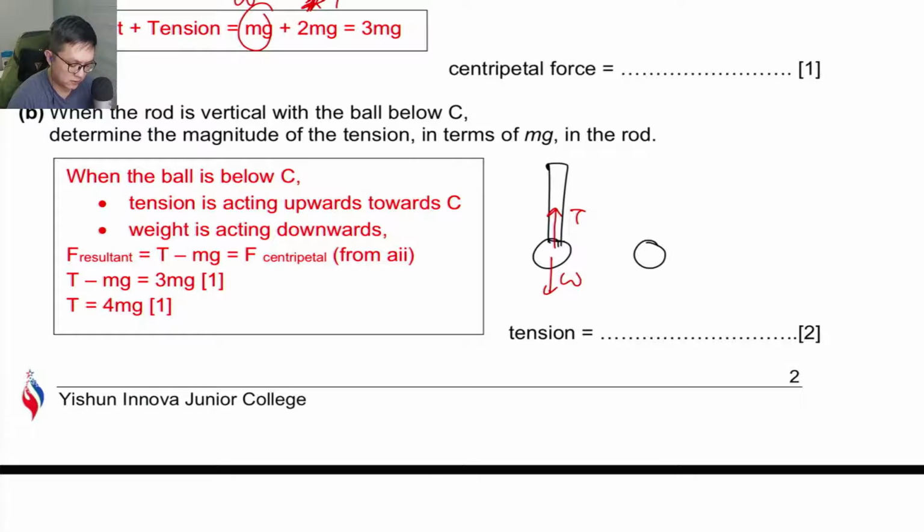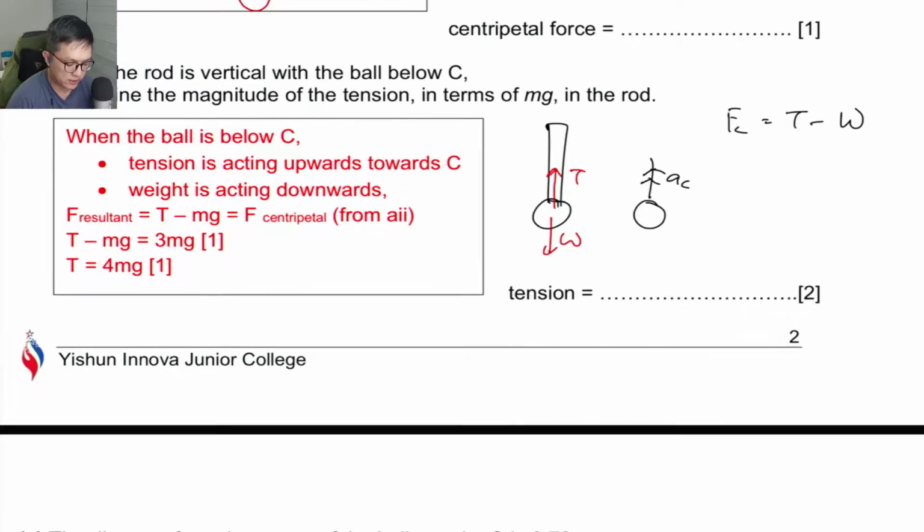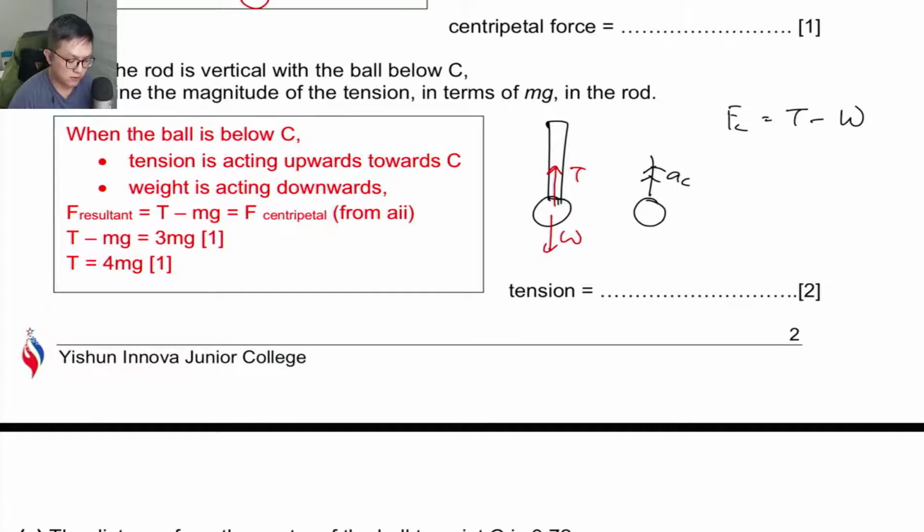So that means your net force must also be upwards. That means now Fc equals T minus W. Fc should be the same as the previous part, so that's 3 mg. So 3 mg equals tension minus your weight of mg. So T is just equal to 4 mg. Alright, moving on.